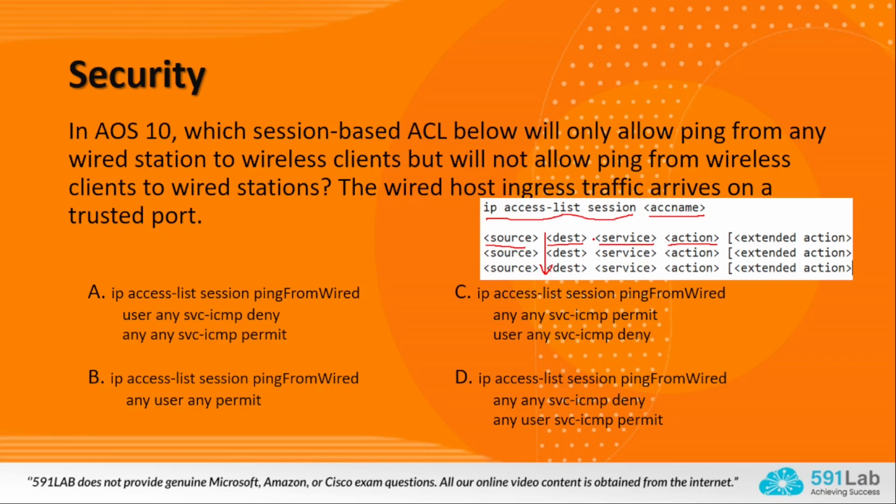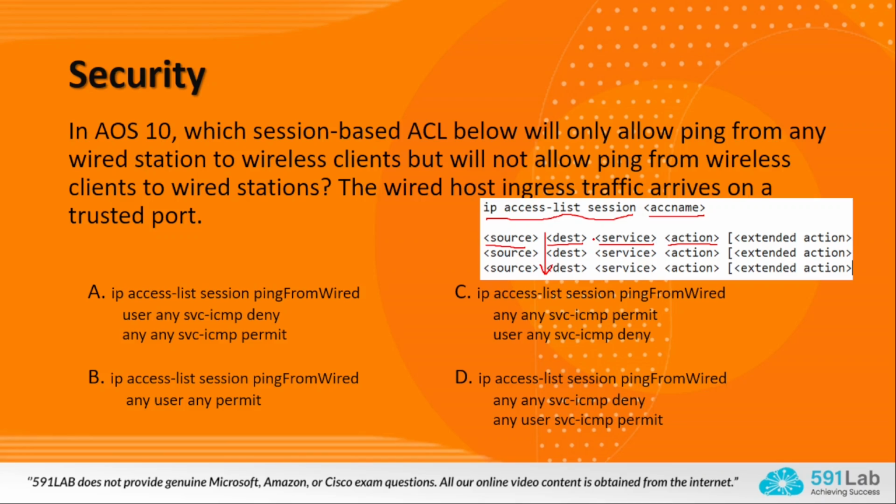So ICMP from wireless users is denied. The second rule allows ICMP from any source to any destination. Remember, there's an implicit deny all at the end. So the outcome of option A is to deny ICMP traffic sourced from wireless users and allow all other ICMP traffic. All other traffic except ICMP is blocked. So it looks correct as it fulfills the requirement in the question.